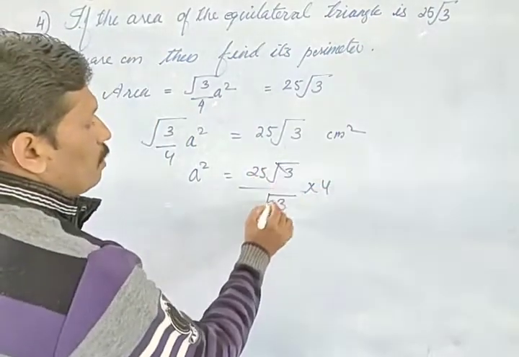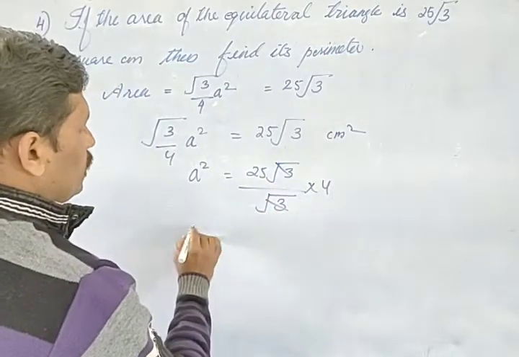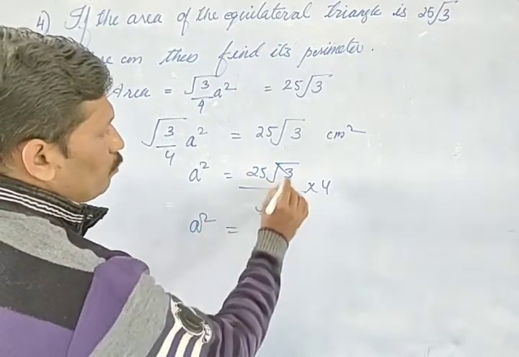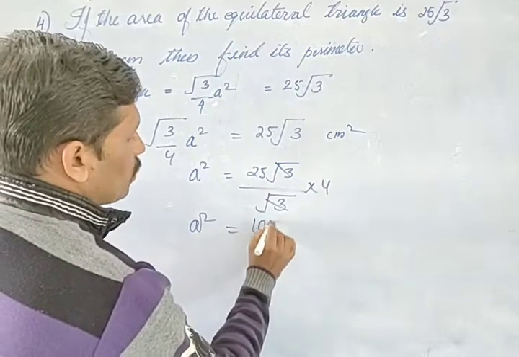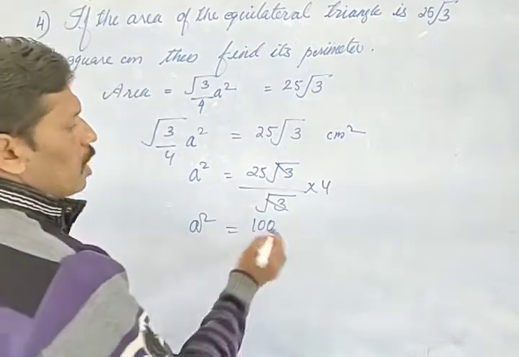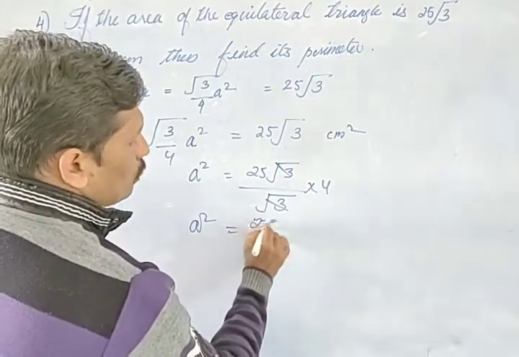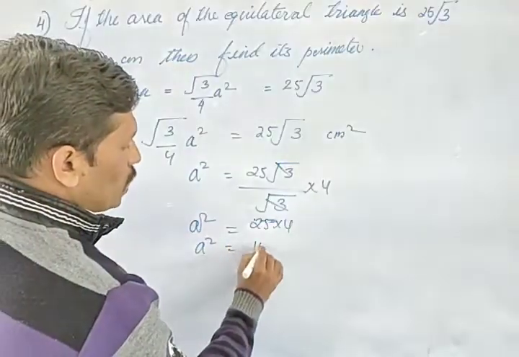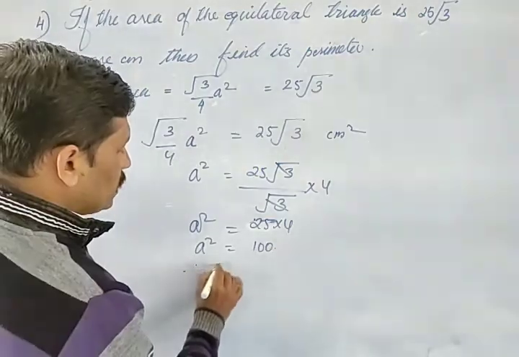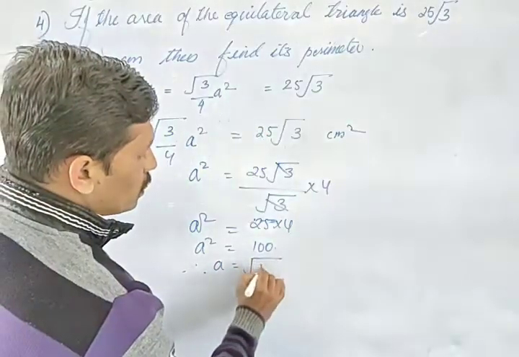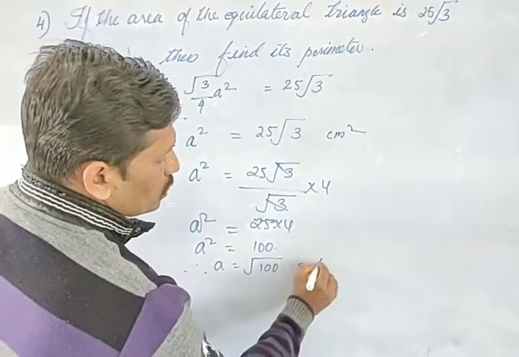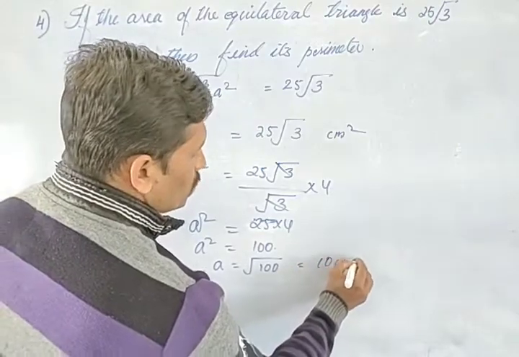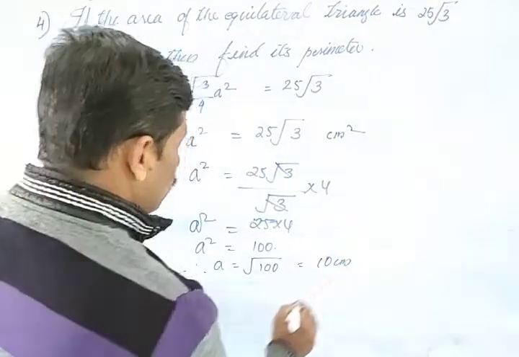Root 3 and root 3 will be cancelled. Then a square is equal to 25 into 4, that means 100. How we got that? We will write here 25 into 4. Therefore, a square is equal to 100. So, therefore, a is equal to root of 100, that is equal to 10 centimeters. So, now we got side is equal to 10 centimeters.